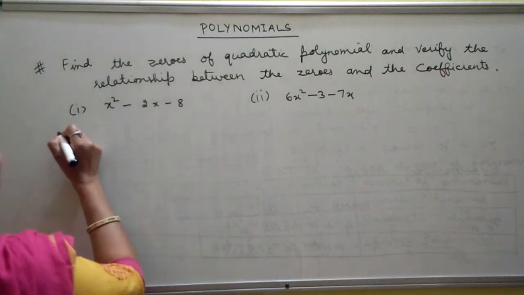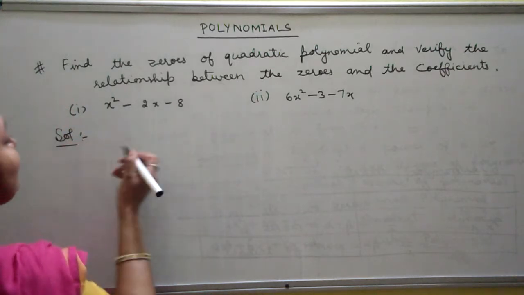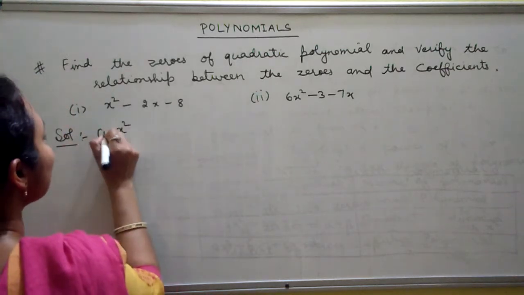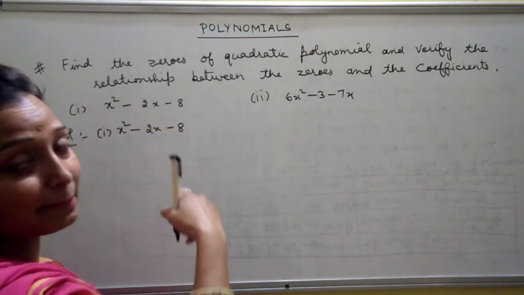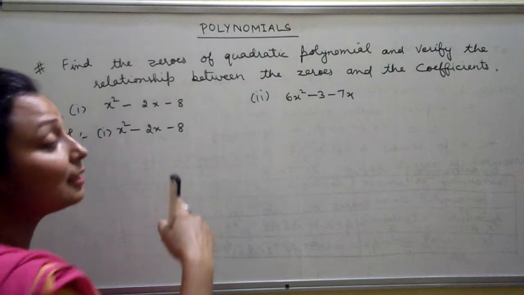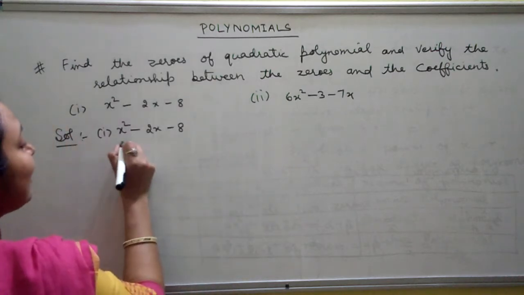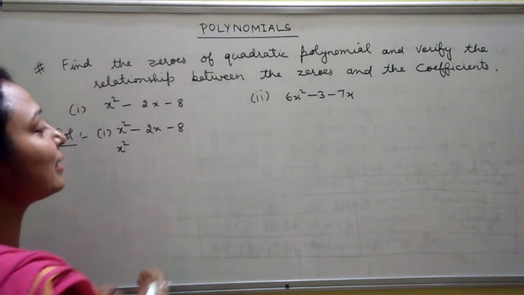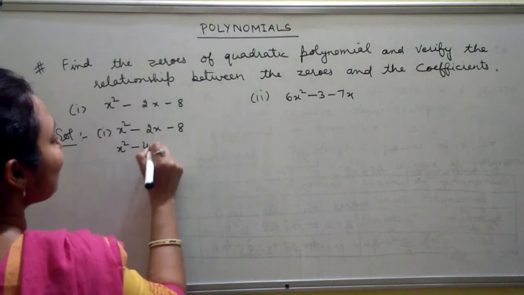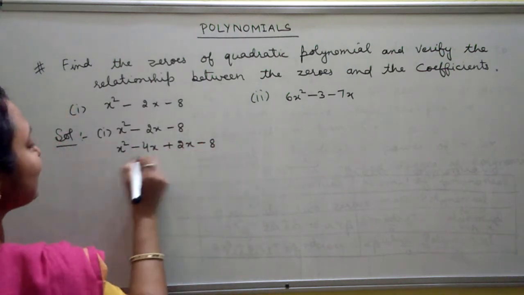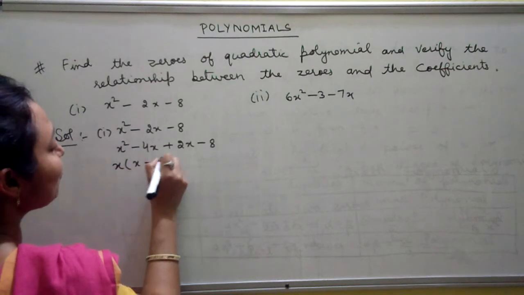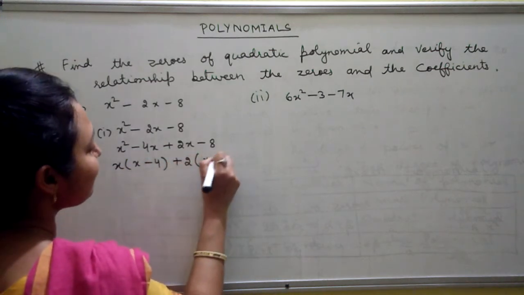The first is the solution. x square minus 2x minus 8. I will factorize by splitting the middle term to find the two zeros. So x square, after multiplying, we get minus 4x plus 2x minus 8, right? I will take x common from these two and 2 common between these two.